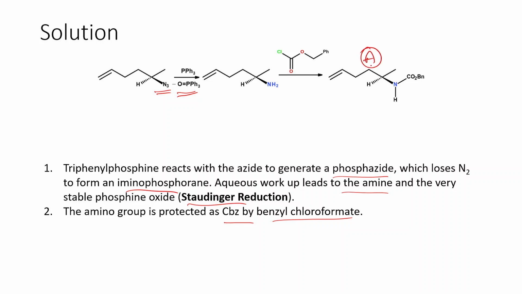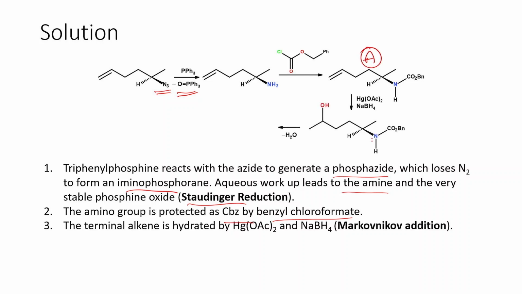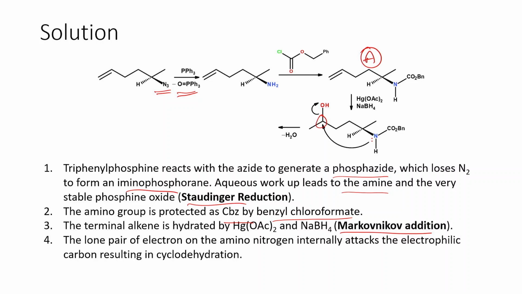This is the first intermediate that will be formed, and this is now treated with mercuric acetate. When we treat that with mercuric acetate, this basically follows a Markovnikov addition. So the internal carbon gets the hydroxy unit. So this is how we end up with the corresponding unit, and this unit actually has a nucleophilic nitrogen atom.